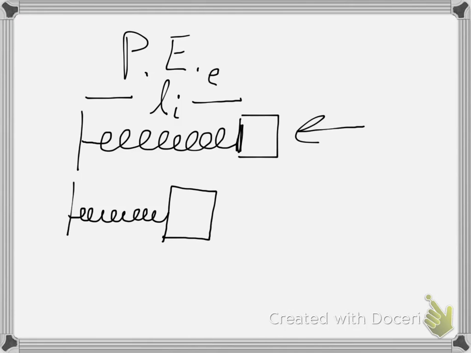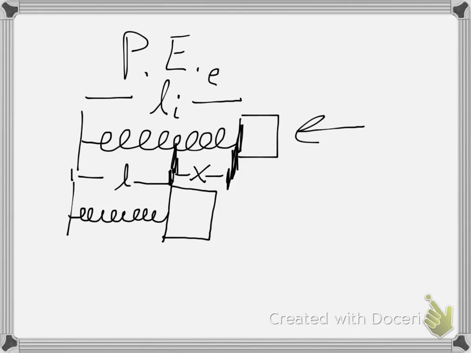And we now have a new length, just L. So from here to here, this length X, the spring has been compressed.